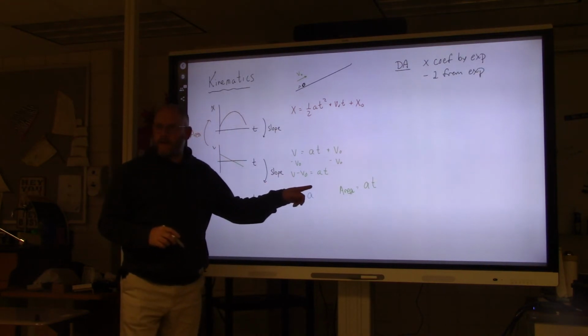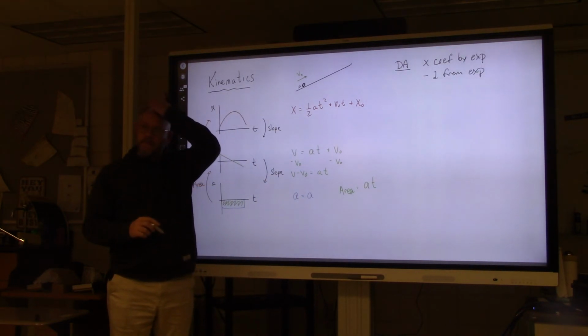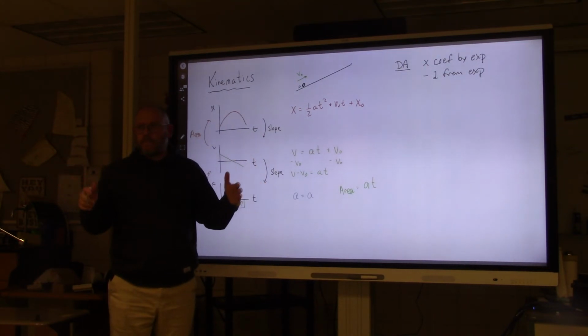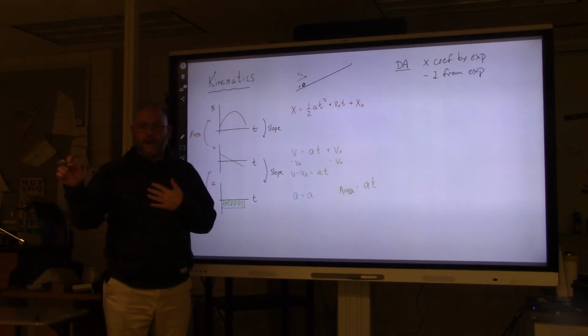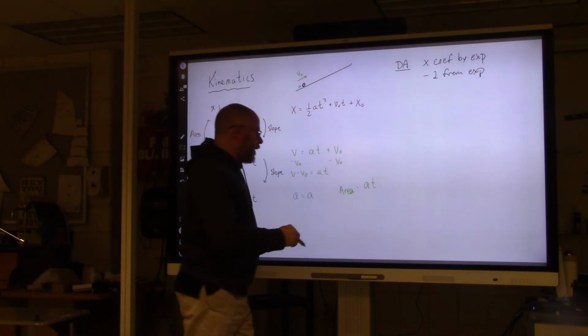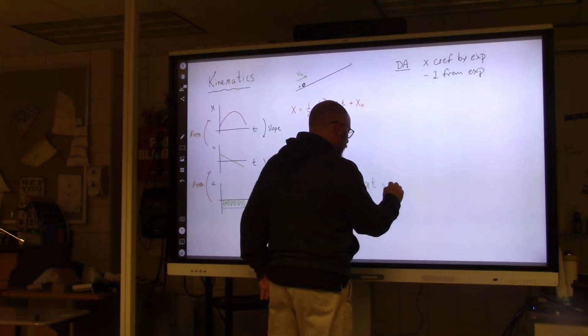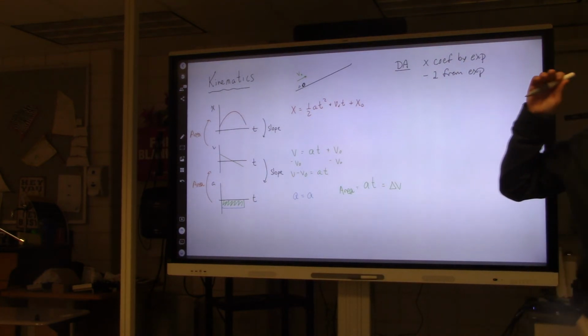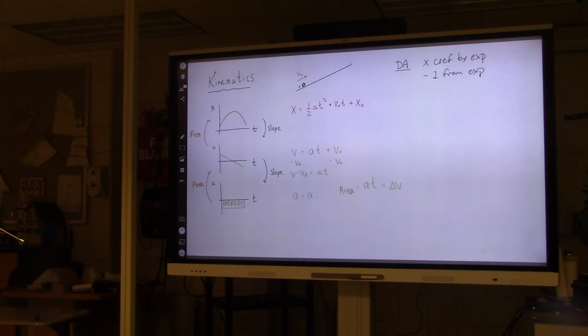This is final minus initial. What does that tell you about the velocity? When you do final minus initial anything, what is that? Change. That's the change, right? So the area is the change in velocity. That's what the area tells you. It doesn't tell you the velocity value, it tells you the change in the velocity.